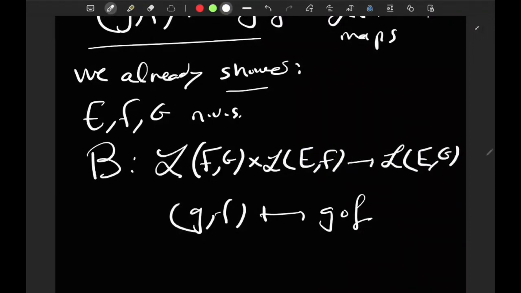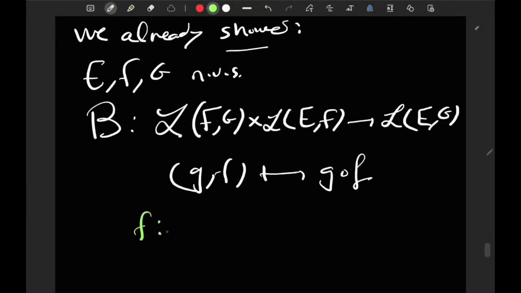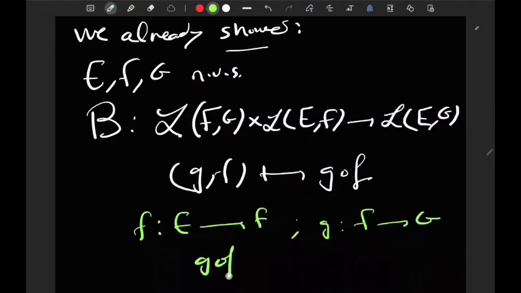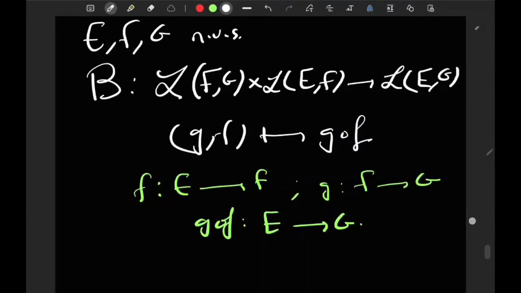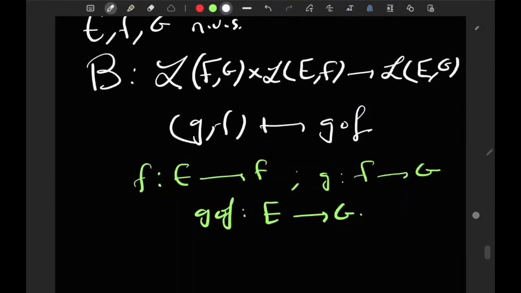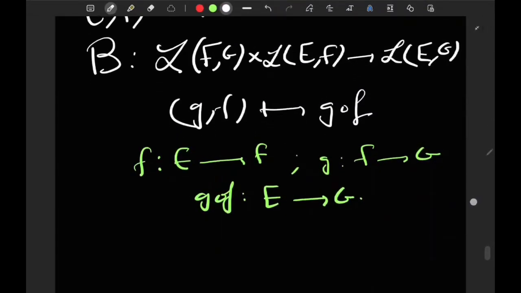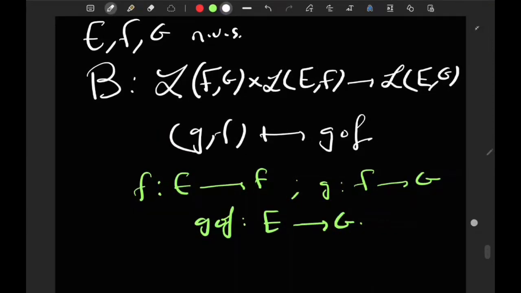this bilinear map takes a map f going from E to F, and a g going from F to G. It does g round f and it lands in L of E to G. And this you can prove to be bilinear. We have already done this. This bilinear map is continuous as well.